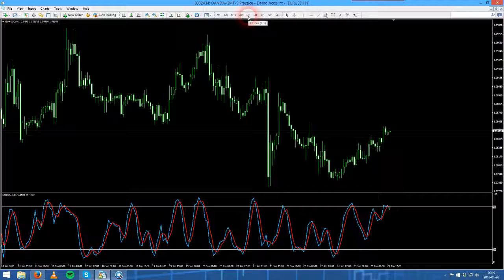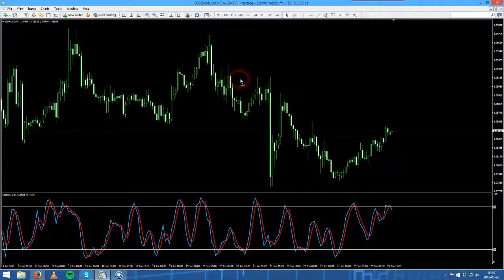By the way, this is the 1 hour time frame, and you should basically analyze all time frames, at least from the 4 hour time frame and below, before you take a trade. We will get to that in future videos. For now, let's just focus on how the stochastic oscillator will help us find the trend.